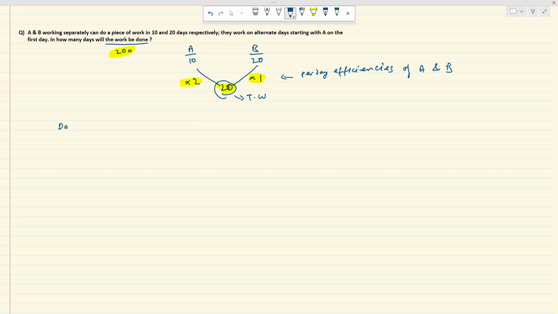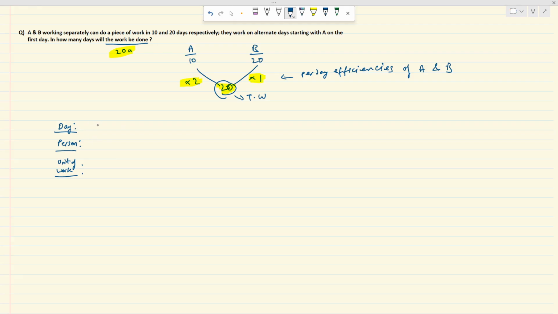Let's make a row of day, and person, and unit of work. I am going to draw a table and explain; you need not do this in the examination. I am doing it solely to make you visualize the concept.